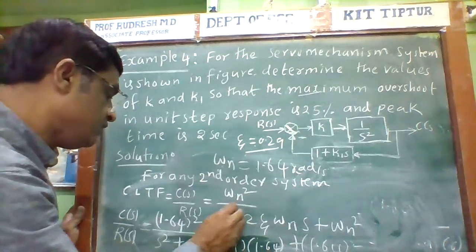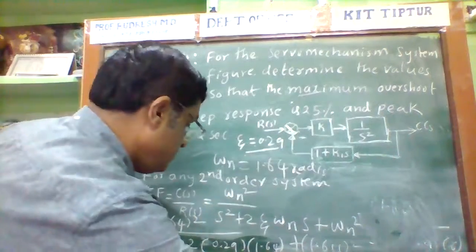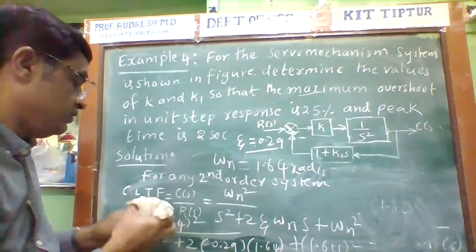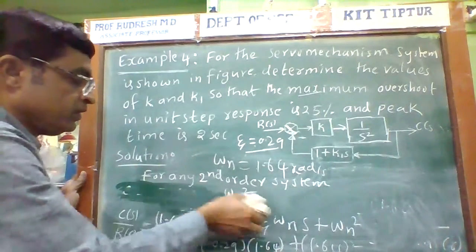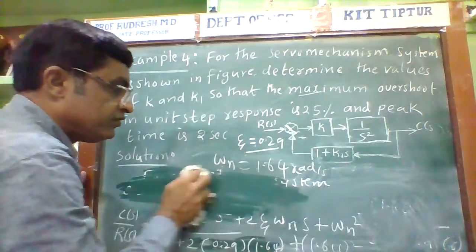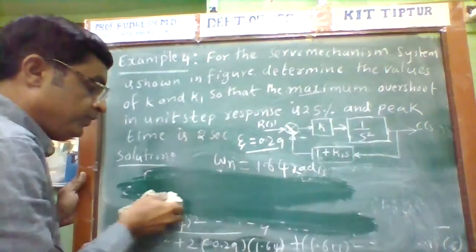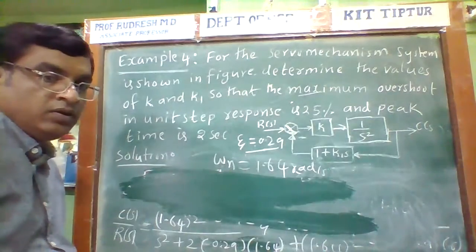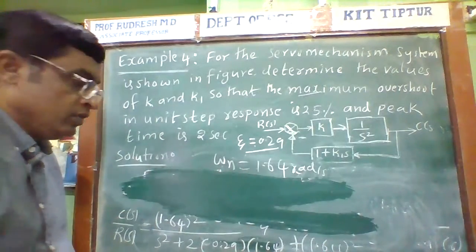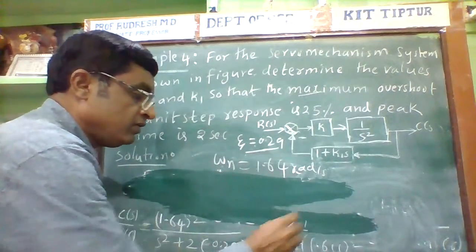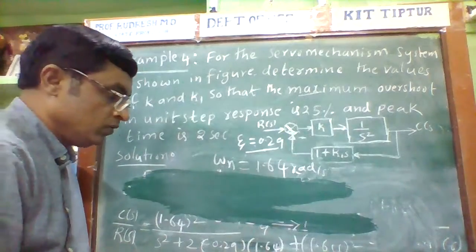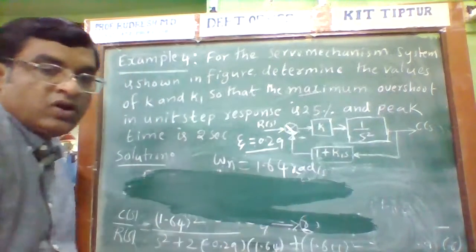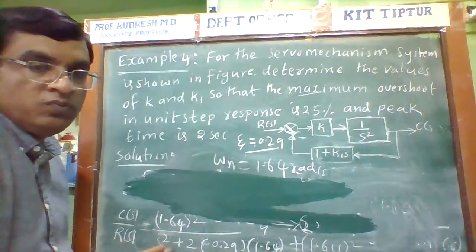Now this is the equation. You have to substitute this. Then this is the standard equation, the closed loop transfer function. We have calculated this equation, and this is called equation 2.